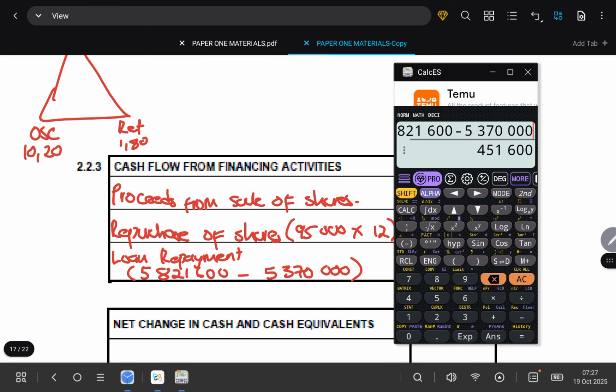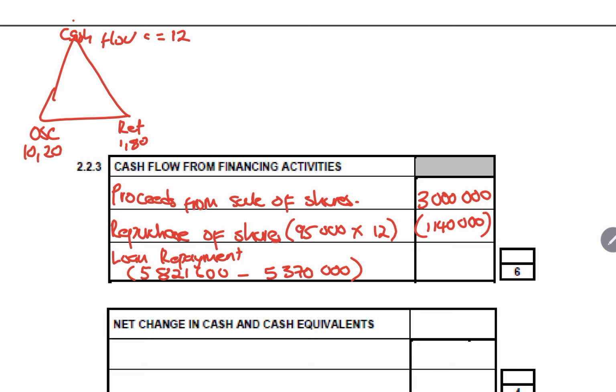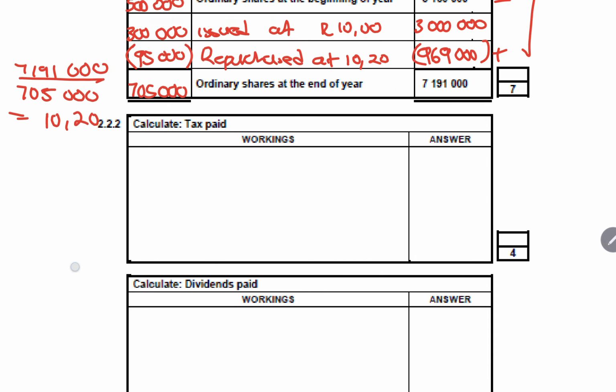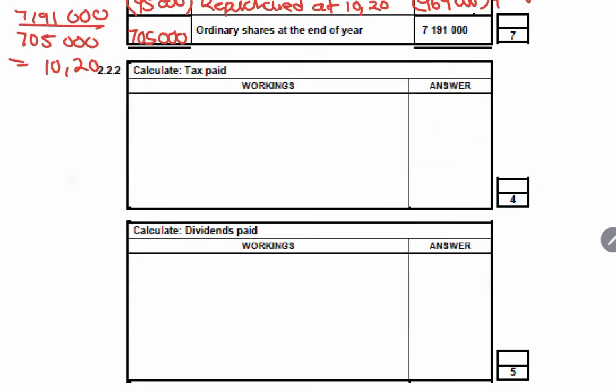It gives us 451,600. But because it is a payment, it must be in brackets. Okay, then you are done recording this, and from there you check what is the next easiest thing that you can answer here.